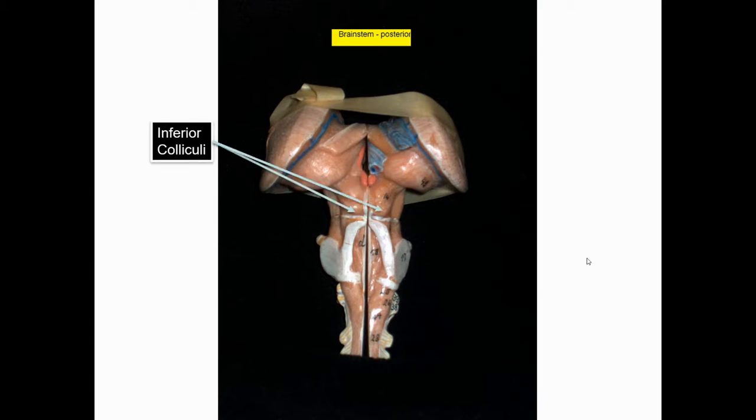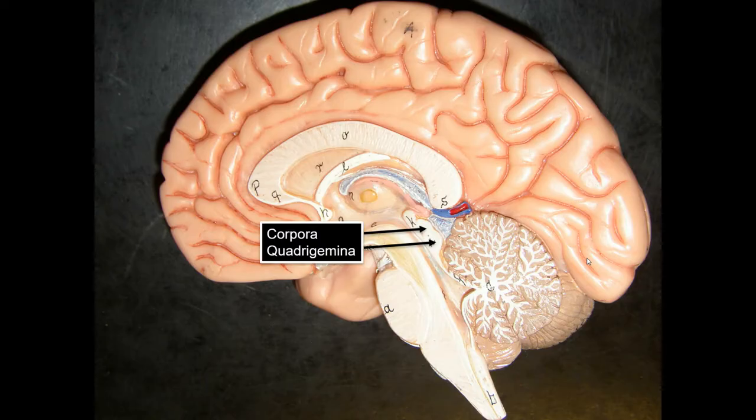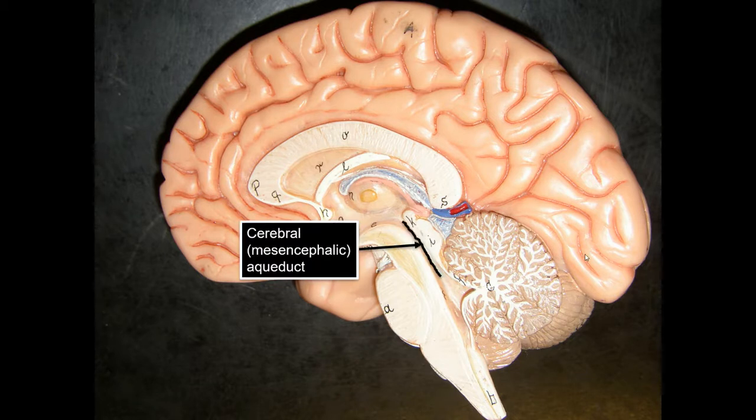The bottom two are the inferior colliculi, and they control auditory reflexes. If you look at the whole brain in the sagittal section, you can also see the corpora quadrigemina here, but it's not quite as obvious. Also in this picture, you can see the cerebral or mesencephalic aqueduct. Remember, that connects the third ventricle to the fourth ventricle.